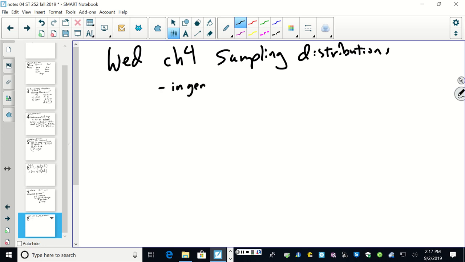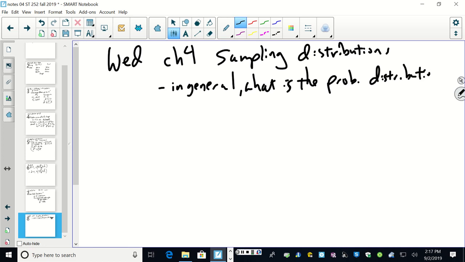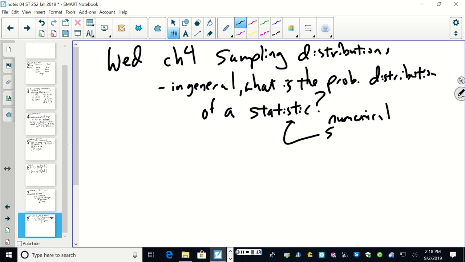In general, what is the probability distribution of a statistic? A statistic is just some numerical summary of data: y-bar or sample standard deviation, sample median, etc.